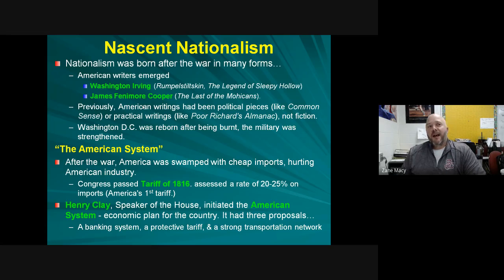Even though it might not have the same significance as these pieces of literature mentioned by Irving or Cooper, or the political significance of something like Common Sense, there was Poor Richard's Almanac by Benjamin Franklin. It was one of the few books, other than the Bible.